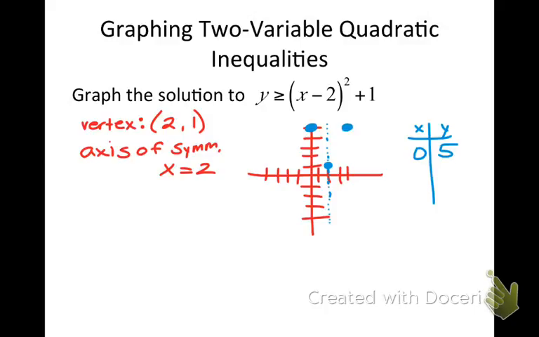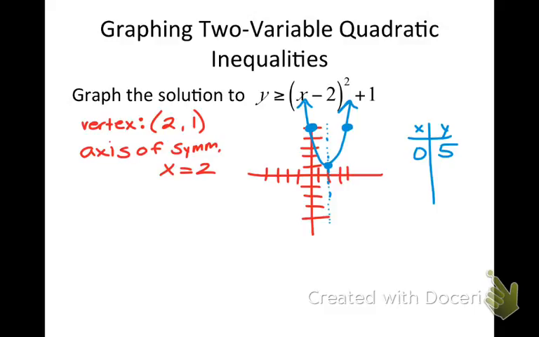Solid or dotted line? Solid, because of the equals to. Now, I want my y value to get larger. So am I going to shade inside or on the outside? Inside. If I were to shade on the outside, does everybody see how if I shaded out here, my y value would keep getting smaller?